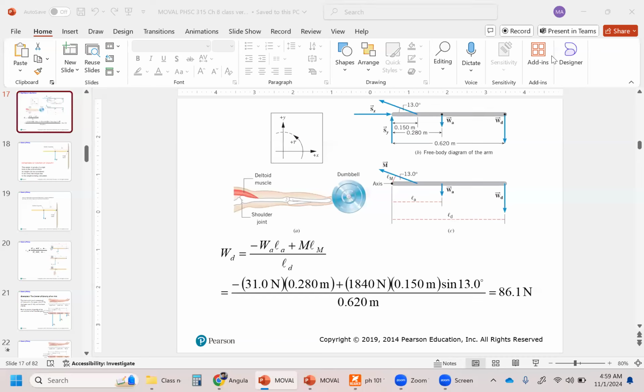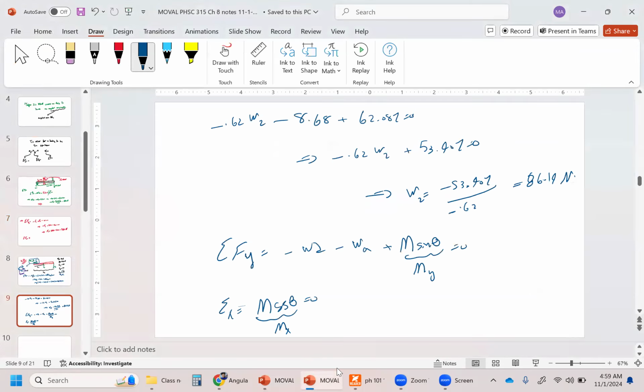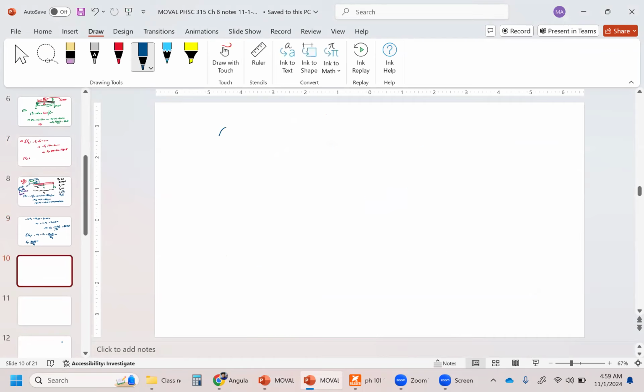Now, the next thing we're going to be talking about is called the center of gravity. Let me go ahead and define the center of gravity. So that brings us to the center of gravity.